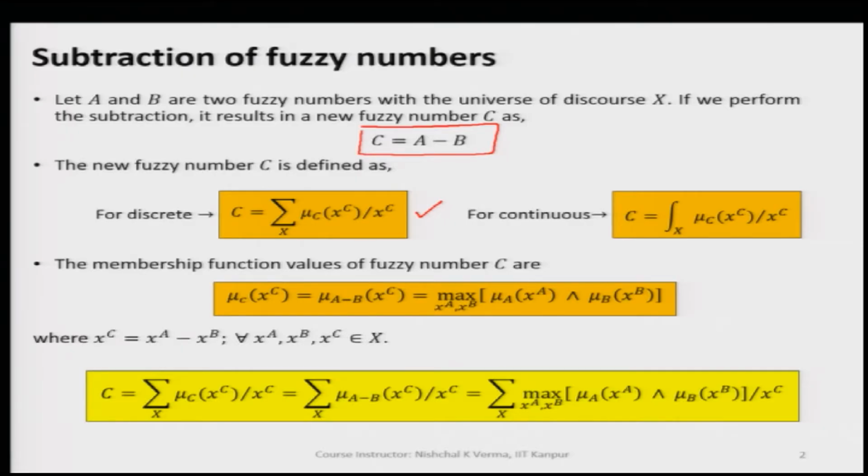So, C is nothing but the summation of mu C of x C oblique x C over the universe of discourse capital X. So, this is for discrete fuzzy sets, and for continuous fuzzy sets this summation will be replaced by the integration sign.